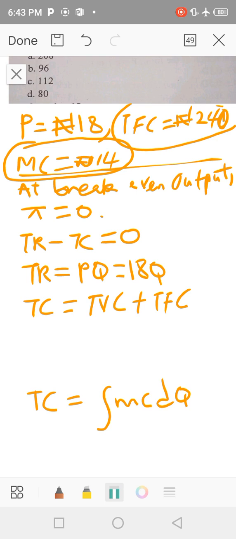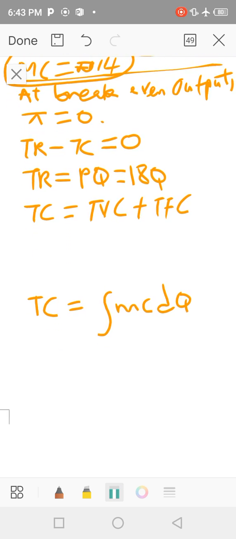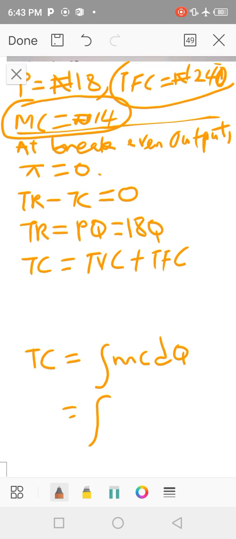So TC is equal to the integral of MC. To find our total cost, that's going to be the integral of our marginal cost, which is 14.